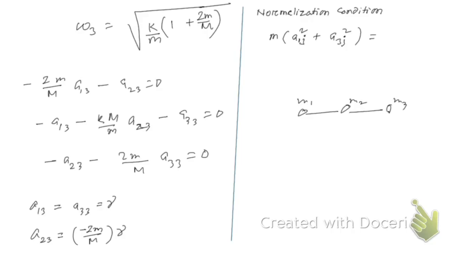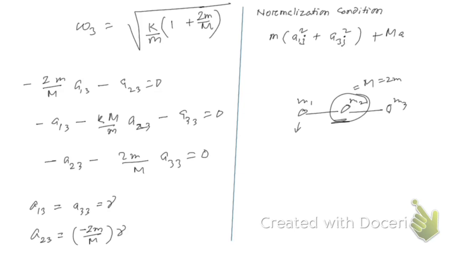So here this m2 is nothing but capital M, which is equal to twice small m we have taken. So here we have to take plus capital M into a.